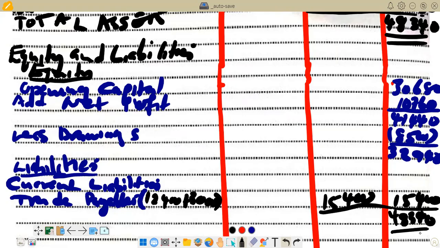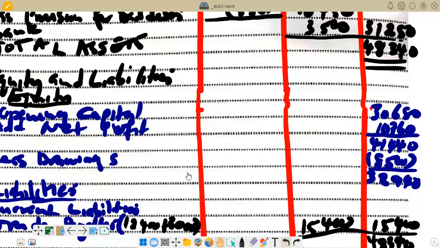And it becomes the second balancing figure. You're now seeing this figure is equal to the first balancing figure that we got here, 48,340. And that shows that our balance sheet is balanced, which is the requirement.